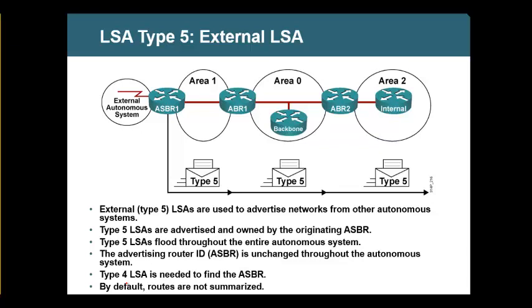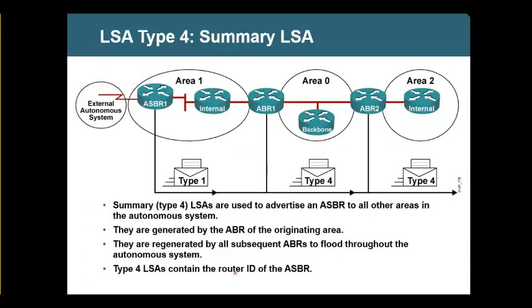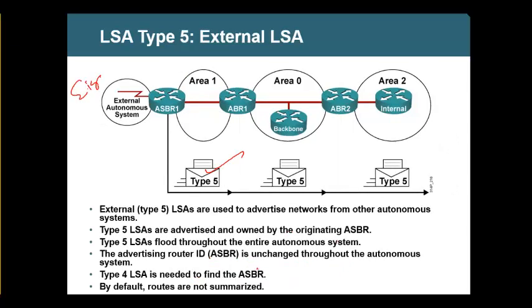That is what I was telling you. The EIGRP routes are advertised as type 5. But type 4 is simply advertising the router ID of the ASBR, the Meenambakam of India, where you can go to another country. But which all countries, which all networks, is given by type 5, not by type 4.